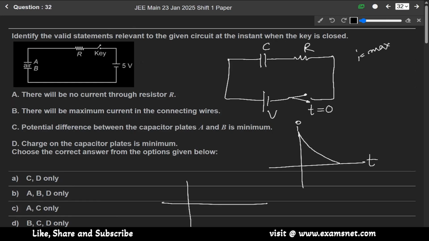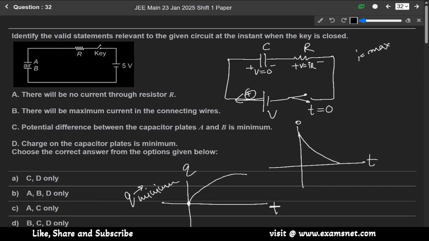But if we draw a graph between charge and time, with respect to time, at first the charge is minimum, but as the time increases, the charge keeps on increasing. And if we talk about the voltage, across the capacitor the voltage is 0, this is positive and this is negative, and across the resistance the voltage will be equal to IR.